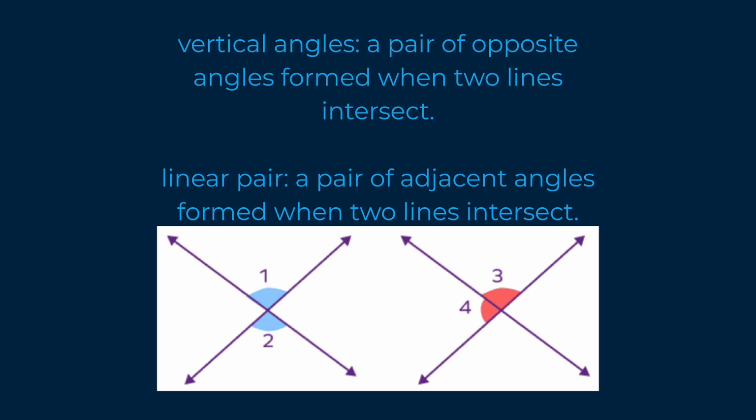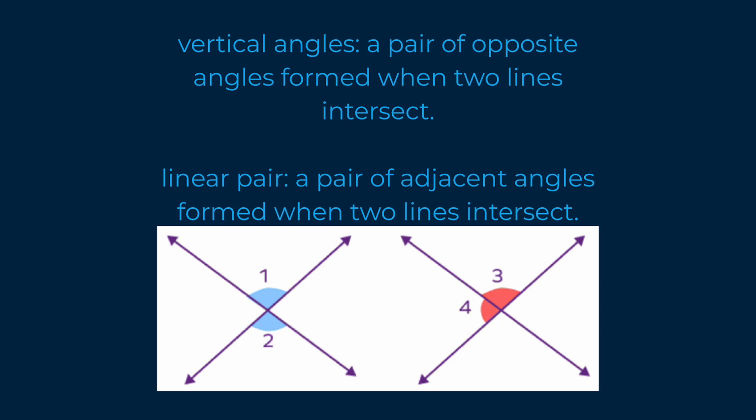Vertical angles are a pair of opposite angles for when two lines intersect, and a linear pair is a pair of adjacent angles for when two lines intersect. So when two lines intersect, you have four angles, and for one angle there will be two angles adjacent to it, one on its left and one on its right, and then the angle opposite from it.